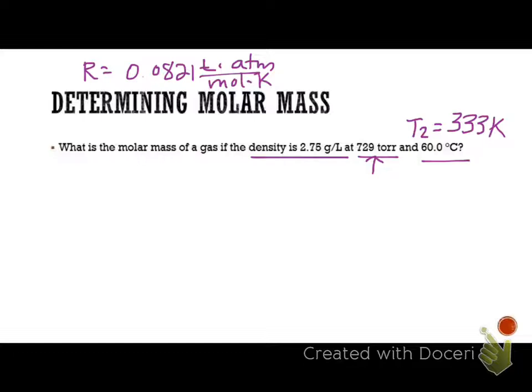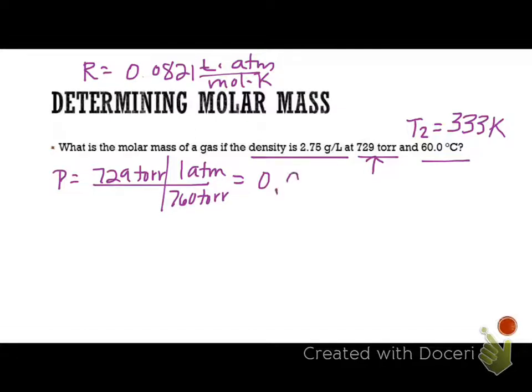So I'm going to need to change my pressure of 729 torr using the conversion factor: 760 torr is 1 atmosphere. And I'm going to put that into 3 sig figs because that's what I started out with. So it's going to be 0.959 atmosphere.